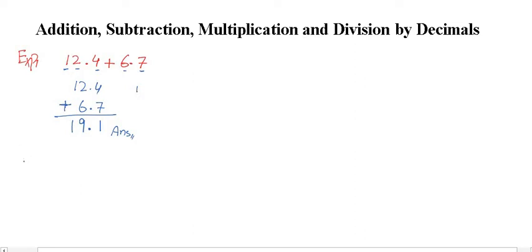For example, in example number 2, we have a whole number 25 plus a decimal, 0.02. Write 25, and because 0 is in the unit place, this is the unit place of that.